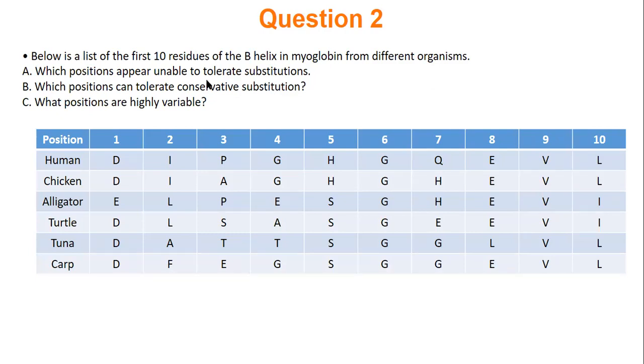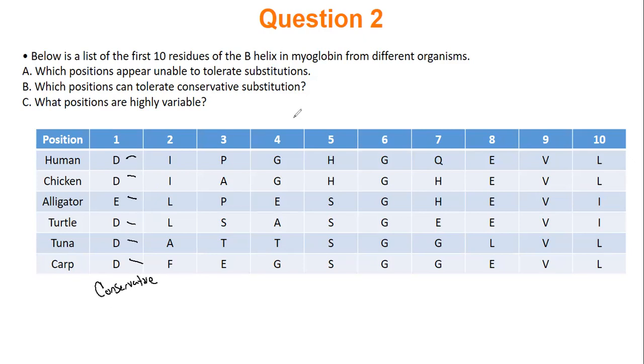Or is that position only able to tolerate conservative substitutions? Or is that position highly variable? Just to give you an idea, position one, we have Asp, Asp, Glu, Asp, Asp, Asp. All of these amino acids are negative. So position one would be a position that can tolerate conservative substitutions or mutations.